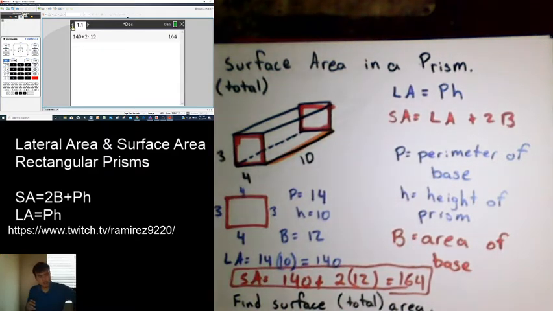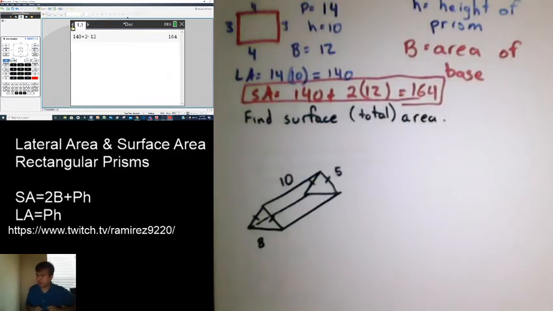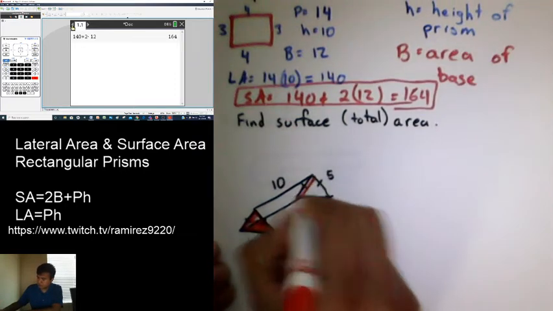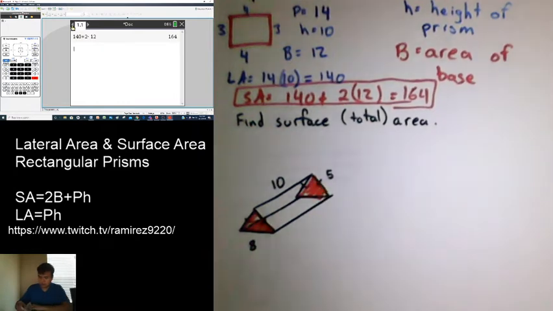In a prism, as long as it has rectangles connecting your bases, it will be considered a prism. So here we have a triangular prism. It has triangular bases. Your bases will be parallel and congruent.